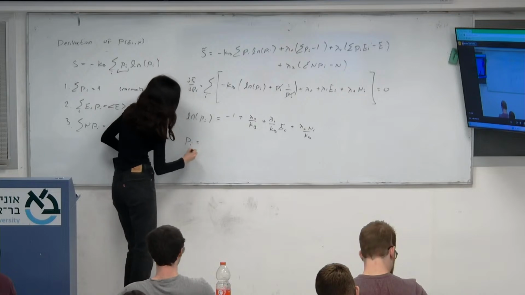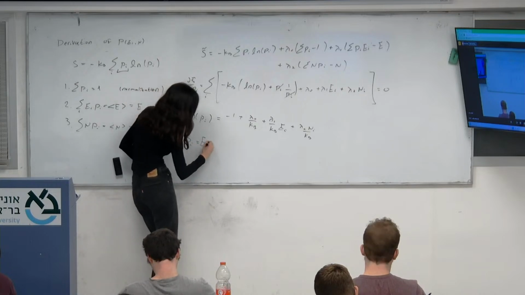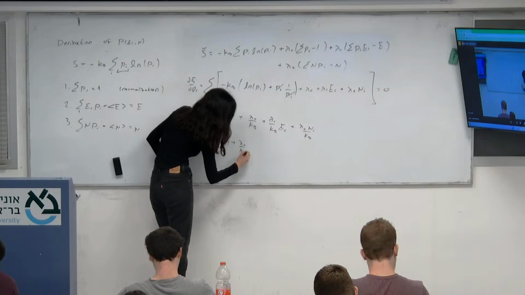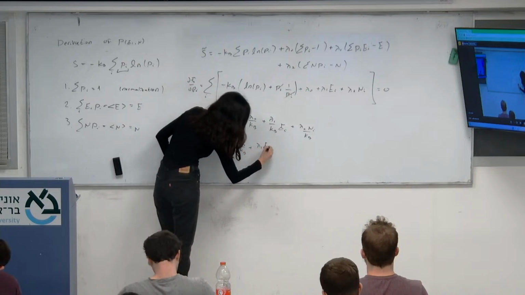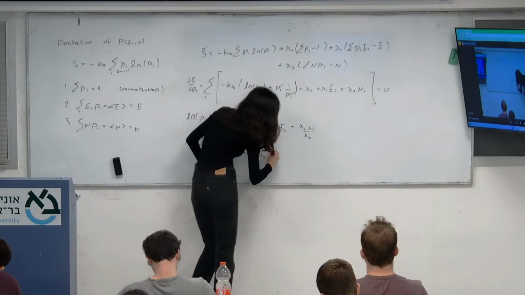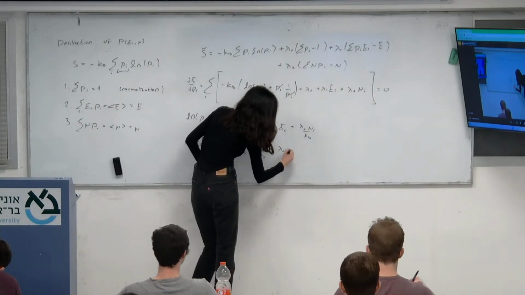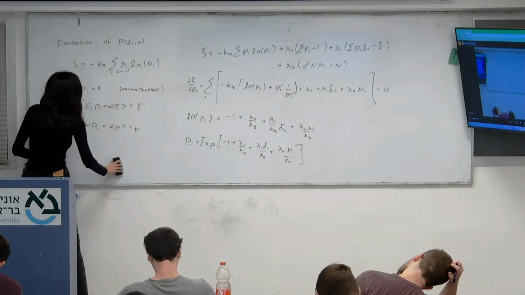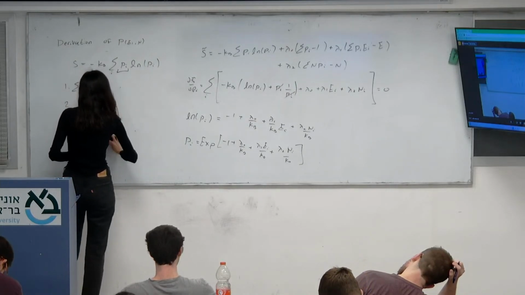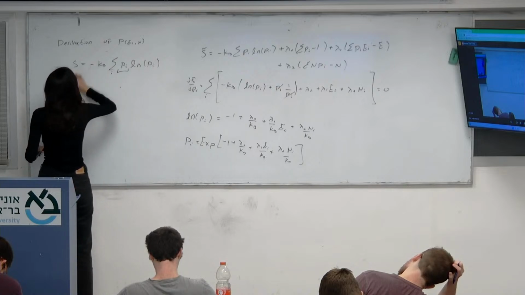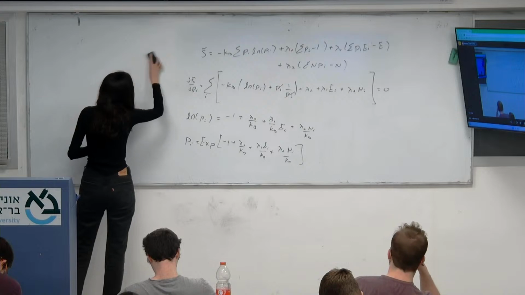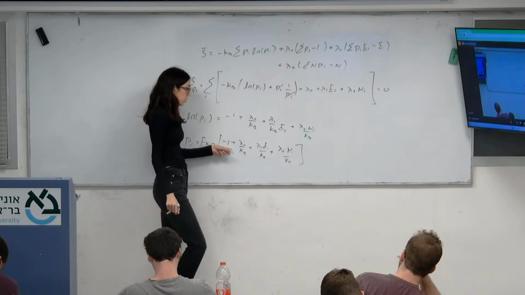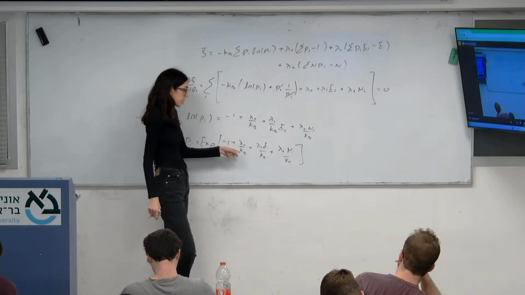So pi is equal to the exponent of minus 1 plus lambda 0 over k.